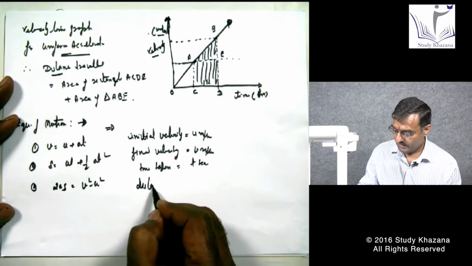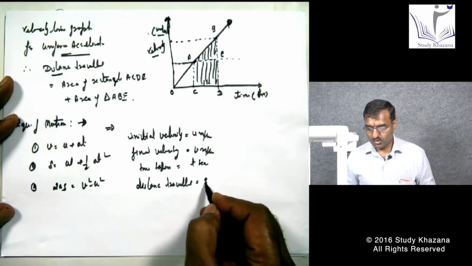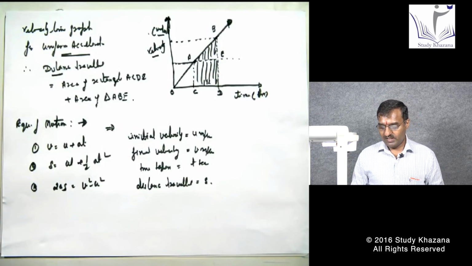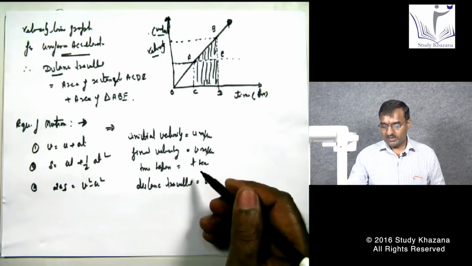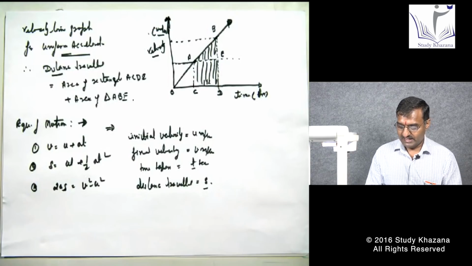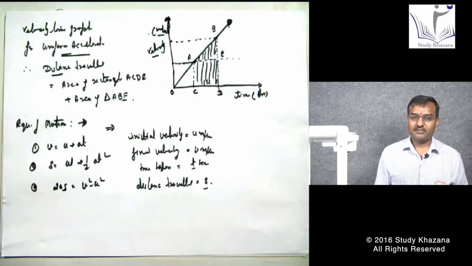Distance traveled is equal to s. So if an object is moving with an initial velocity u, with final velocity v, and the time taken is t, then the distance traveled is s. All these relations we get from the graph.